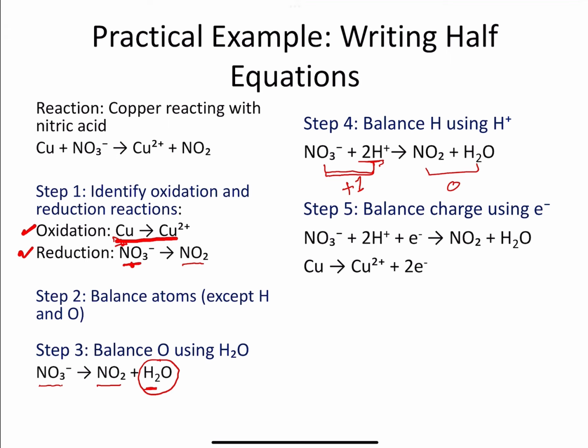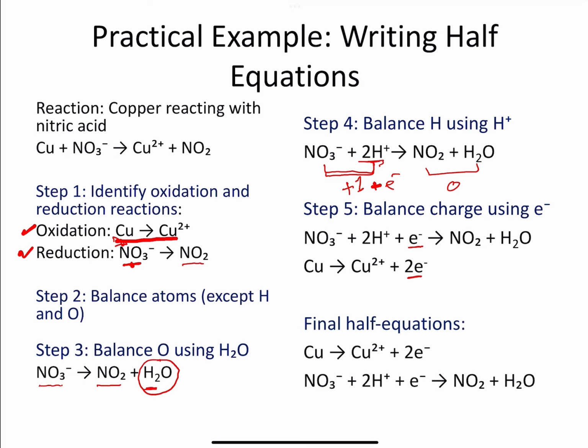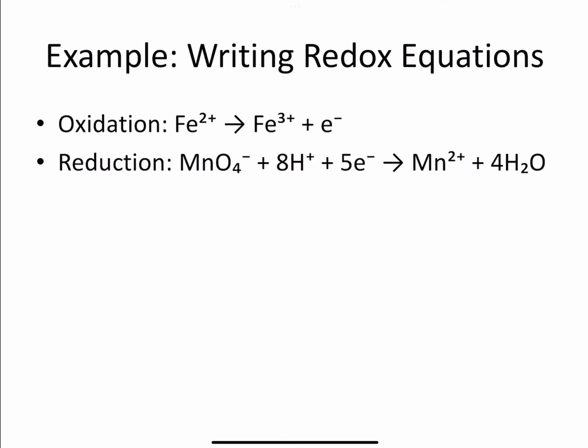So to balance the charge, we need to add 1 electron on the left-hand side. For the copper, which changed into copper 2+, we need to balance this by adding 2 electrons on the right-hand side. And finally, these are the final half equations for both of the redox reactions.